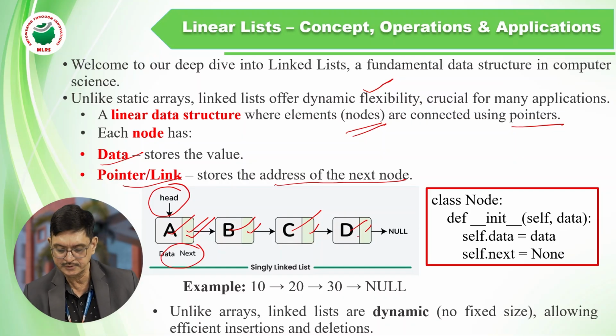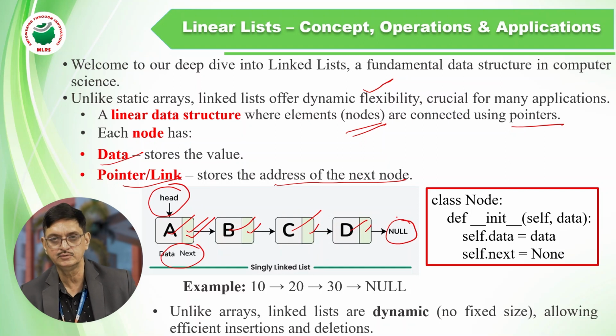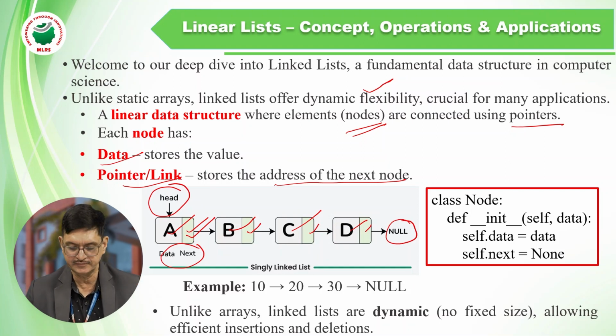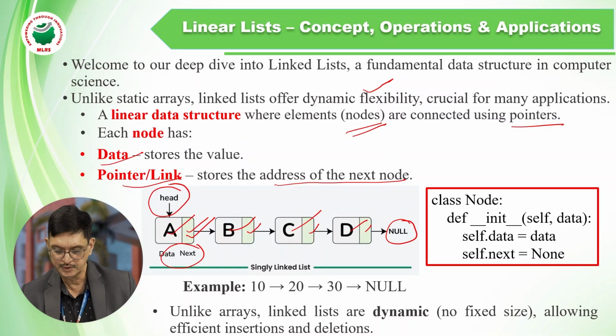But we need to remember the last node means there is no more node after it. The last node contains a special value called null. Whenever we are traveling from the first node to the last node and reach the null address, it indicates it is the last node of the linked list so that we can stop.